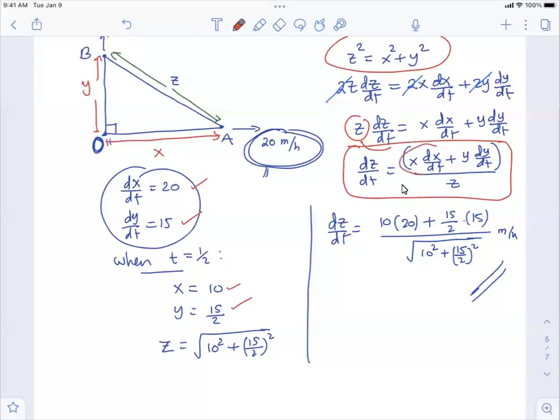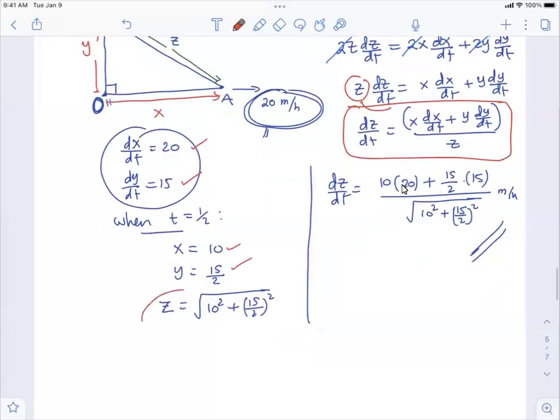So pretty much all the terms in the numerator are fine now. z is the only component. z is none other than, again, the Pythagorean theorem. It's just the same thing for that particular moment. So let's include these two values in that equation. z is none other than the square root of that summation. So once you have it, I'm going to just plug it in. This is z.